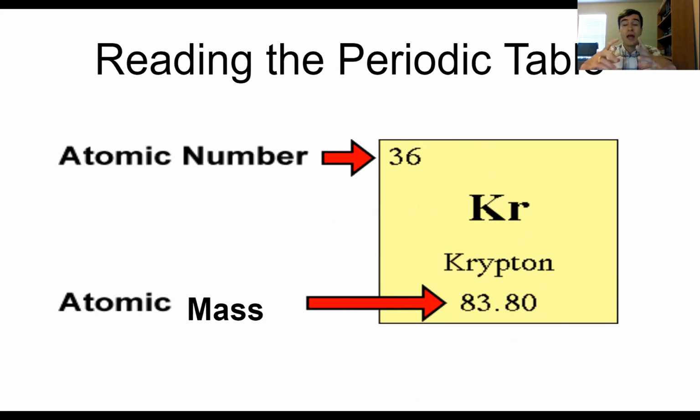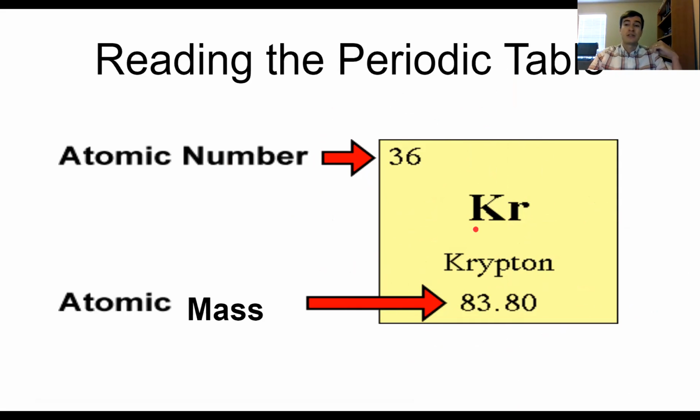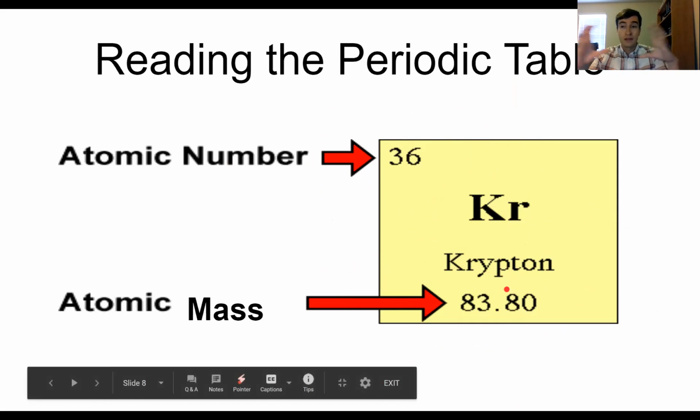So each box of the periodic table has these 4 pieces of information in it, usually in this same order: the number up top, followed by the symbol in big letters, then the name in smaller letters, and then the atomic mass on the bottom.